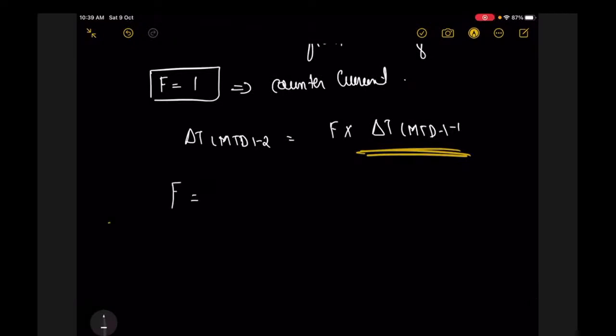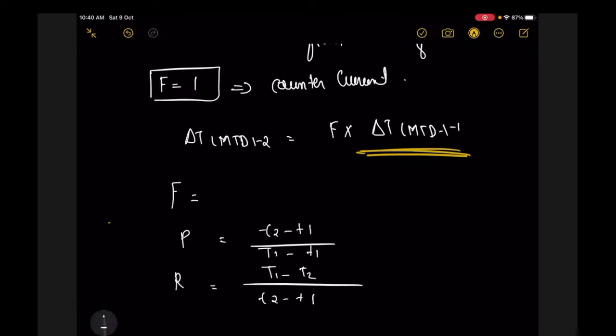We have to calculate two values, known as P and R. P is (t2 minus t1)/(T1 minus t1), and R is (T1 minus T2)/(t2 minus t1). Capital T is the shell temperature and small t is the tube temperature.